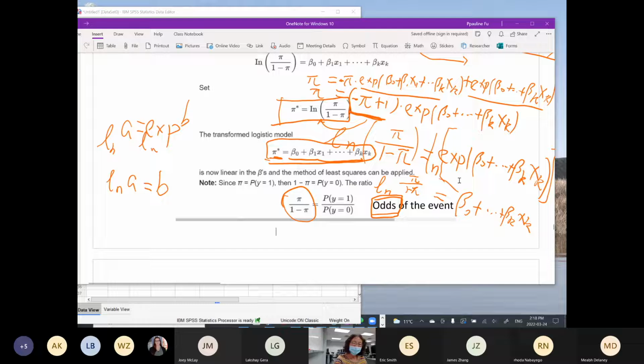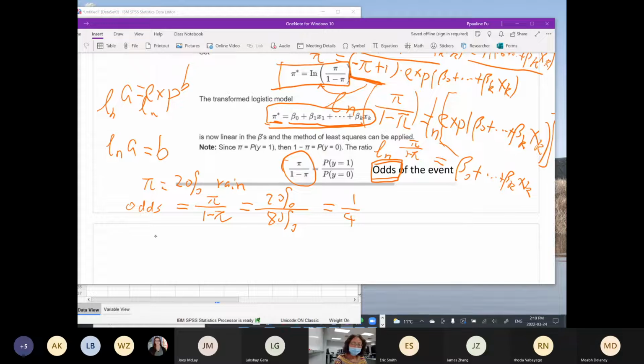For example, if pi represents that today we have a 20% chance of rain, I will ask you what the odds are. The odds equal pi over 1 minus pi. If I have a 20% chance of rain, I have an 80% chance of no rain. So the result is 1 over 4. That is my odds.